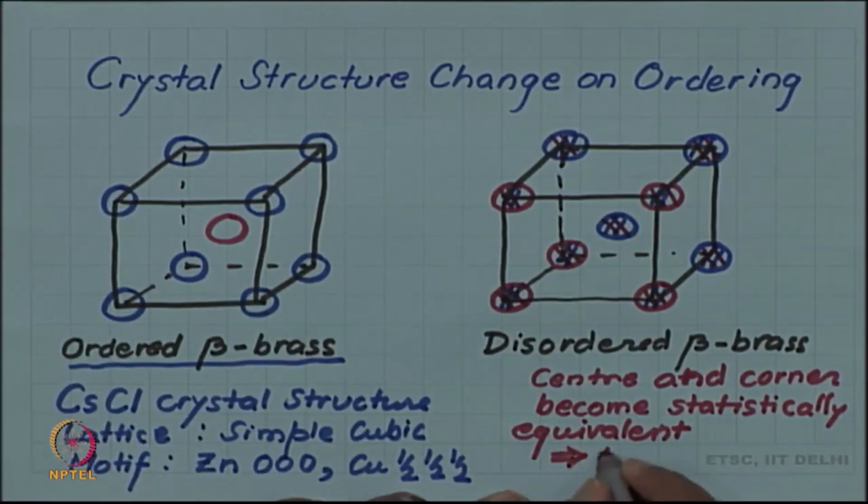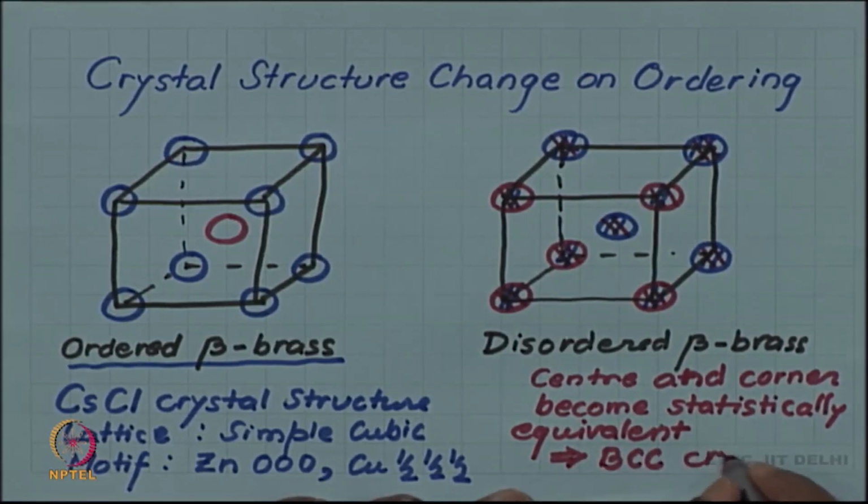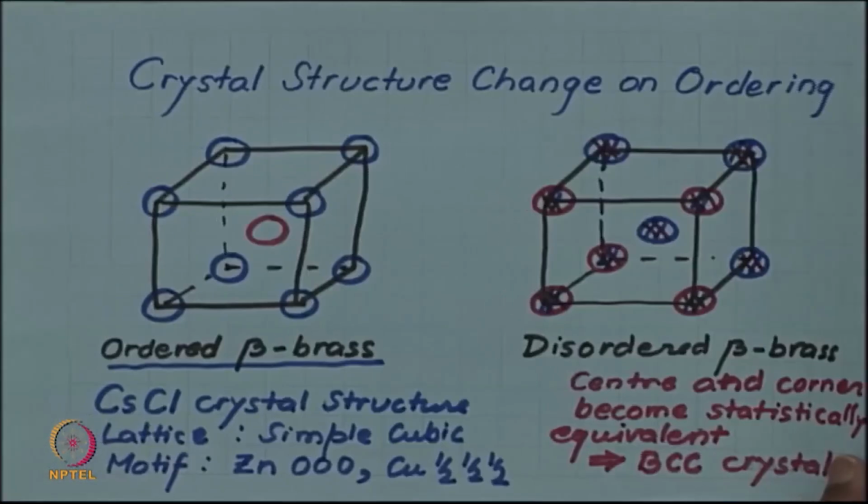So, this becomes a BCC crystal. Here center and corner do become identical. So, with this we end this topic.